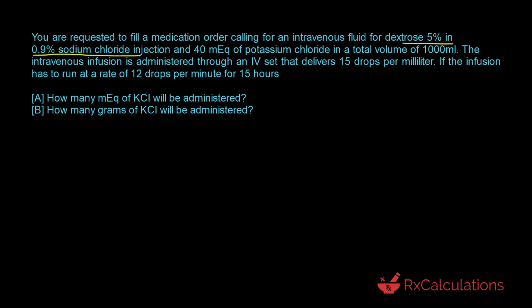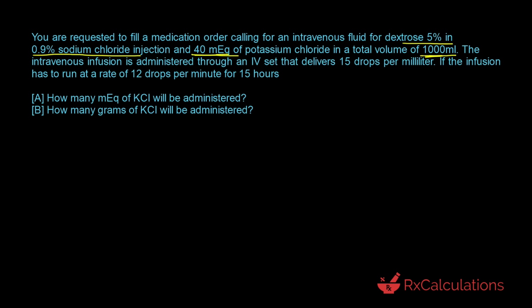This is just letting us know the vehicle in which the potassium chloride is going to be injected. So that has a volume of 1,000 milliliters, and you're going to put in there 40 milliequivalents of potassium chloride. So in this 1,000 milliliter bag of dextrose 5% 0.9% sodium chloride injection, you have 40 milliequivalents of potassium chloride.